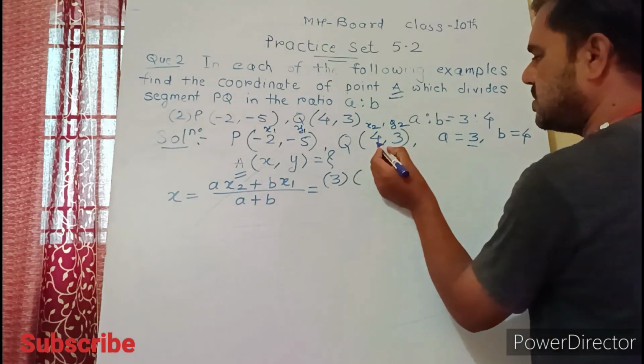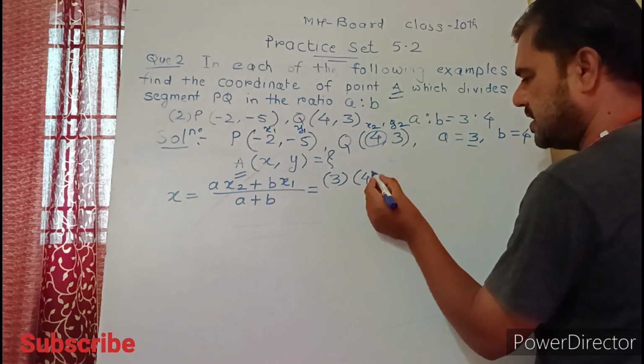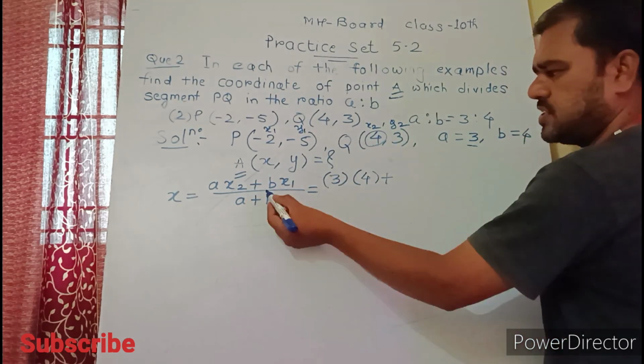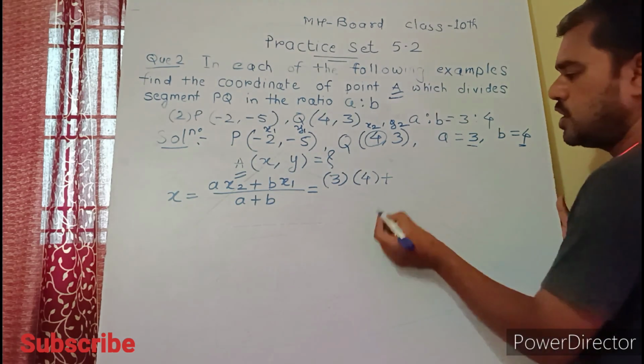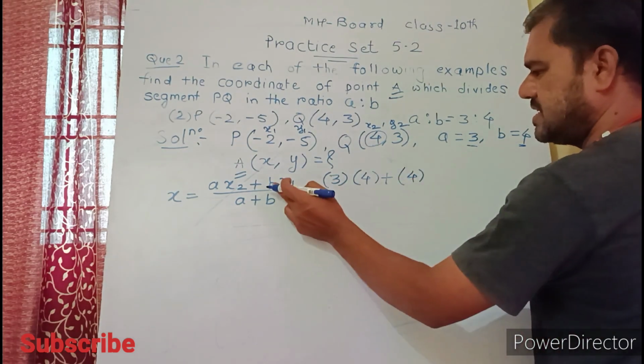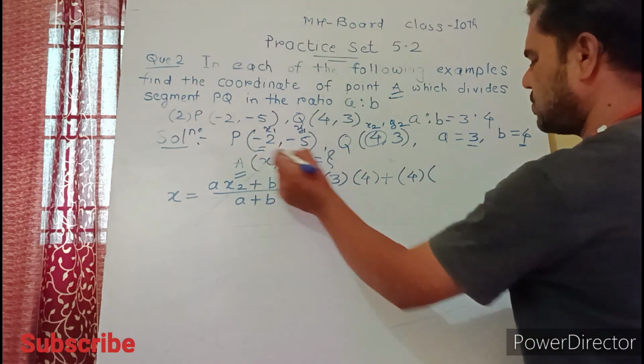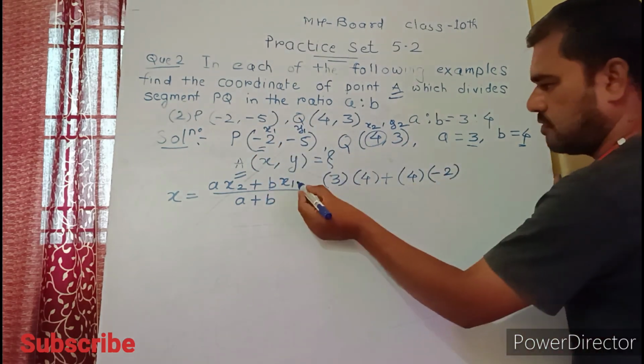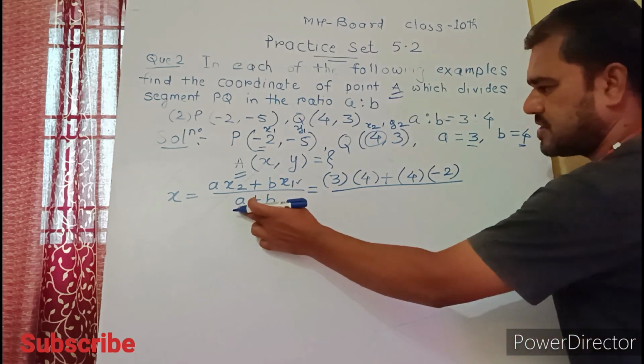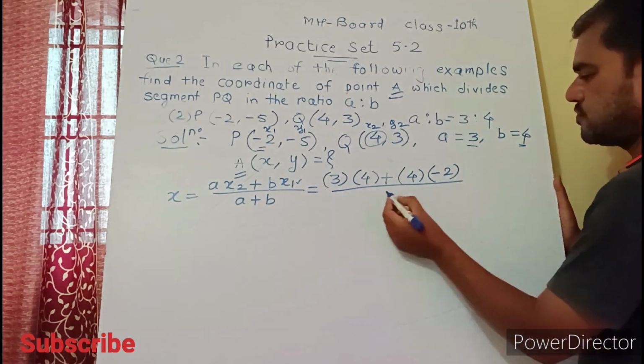The value of x2 is 4, put 4 instead of x2, plus the value of b is 4, put 4 instead of b. The value of x1 is minus 2, put minus 2 instead of x1, divided by a plus b, that is 3 plus 4.